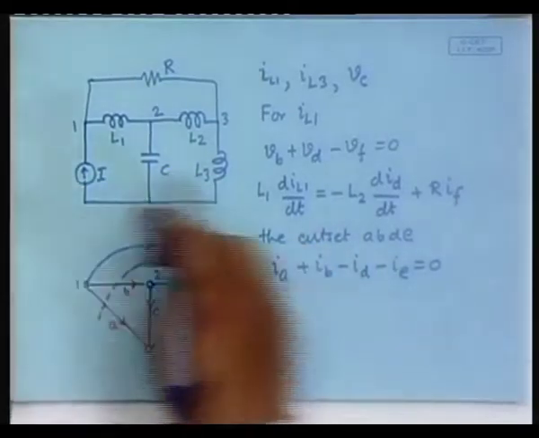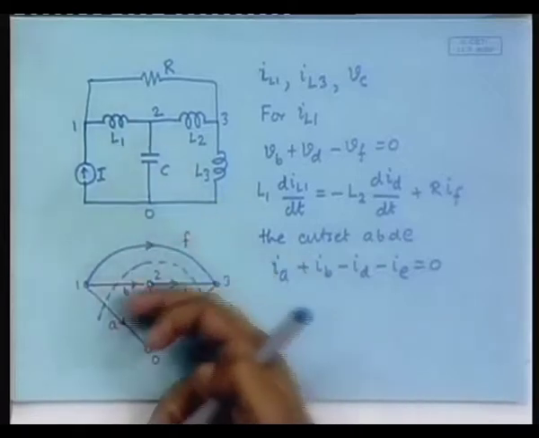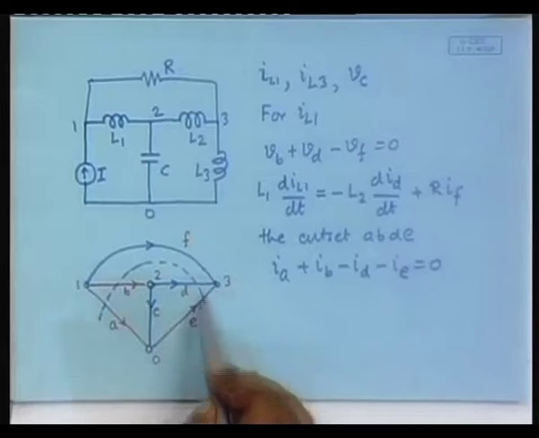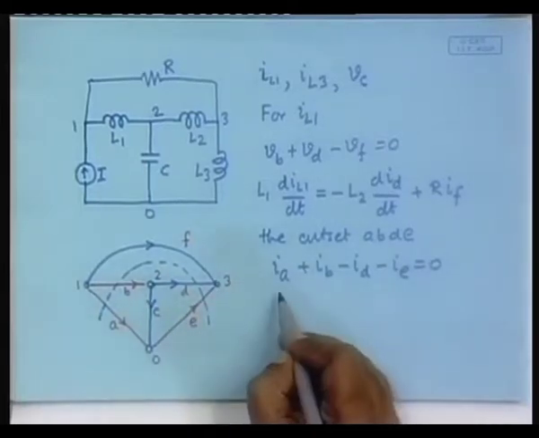Going from the upper subgraph to the lower subgraph is positive. So this is plus, this is plus, this is minus, this is minus. Fine. IA is I.